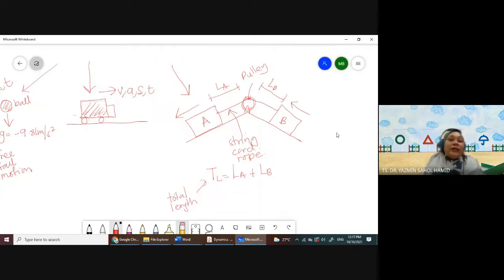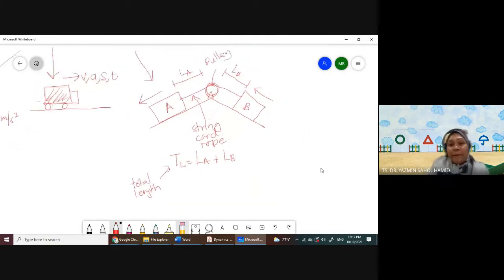It will not extend or be shortened. However, if you pull block A to the bottom, going downwards, the length of the string LA will be longer, and the length of string LB will be shorter, but the total length will be the same throughout. Okay, do you understand what I'm trying to say there?